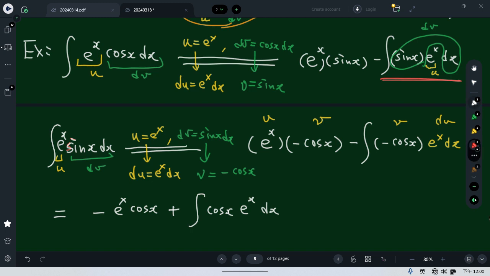So this part will be replaced by this part.